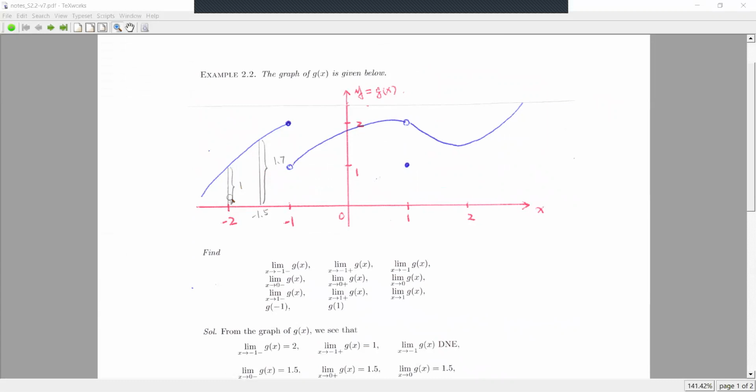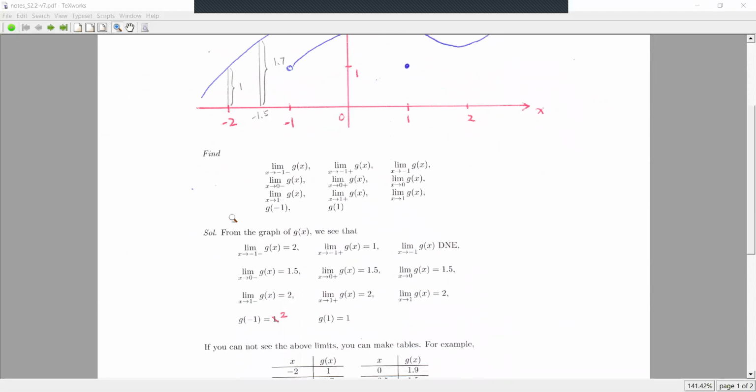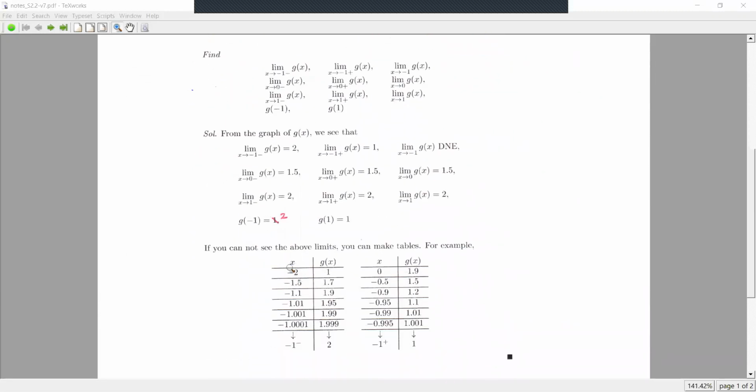This height is the function value at -2. From this point to this point, the distance is 1. So I guess this height is 1. So when x is -2, the function value is 1.